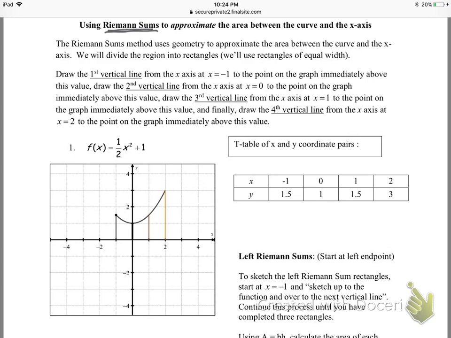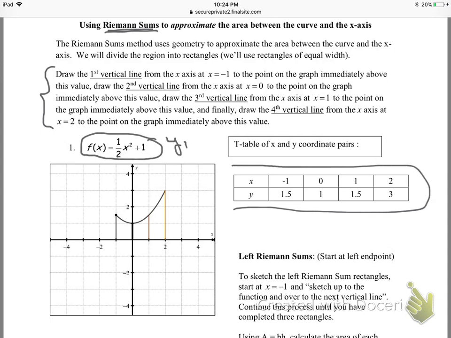So first off, I give you some written direction right here. I'm not going to read it to you, but I'm going to do that as I solve this problem. Okay, the first thing you would do is put this function into your y1 in your calculator. Then, if you did not have this table, you can get this table by using your graphing calculator, saying second table set, starting at -1, so -1 is your start.